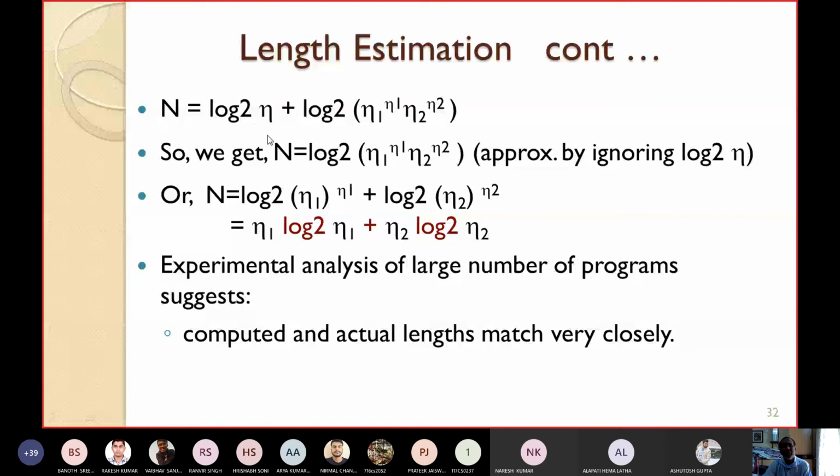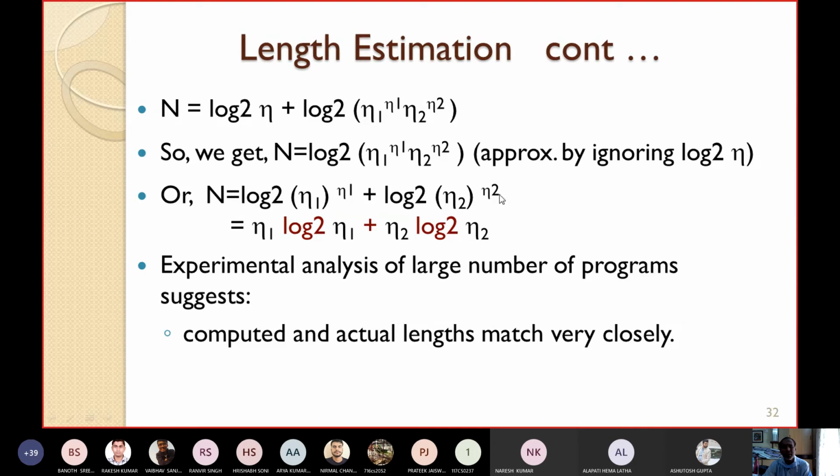By neglecting the value of log2 η, we get N is equal to log2 of η1 to the power η1 into η2 to the power η2. On further simplification, we get N is equal to log2 of η1 to the power η1 plus log2 of η2 to the power η2.